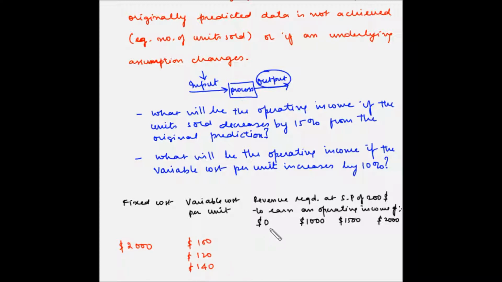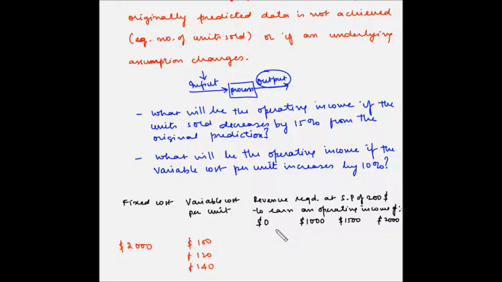Now the manager is trying to find out the revenue required at a selling price of $200 per unit in order to earn an operating income of $0, $1,000, $1,500, and $2,000.